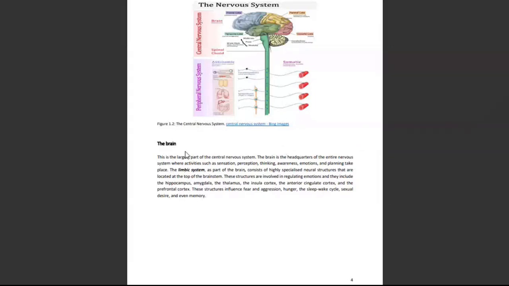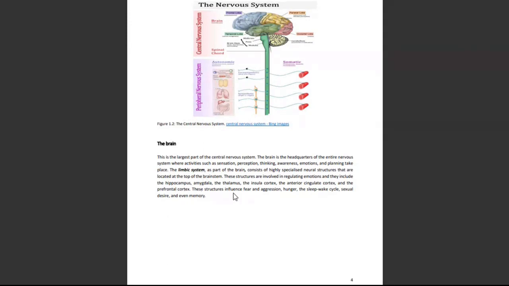We have explained that the brain is the largest part in your central nervous system. It's the headquarters of your functioning. What does the brain include? It includes sensation, perception. Then they talk about the limbic system. What happens in the limbic system? The limbic system is a structure in your brain. What does it regulate?